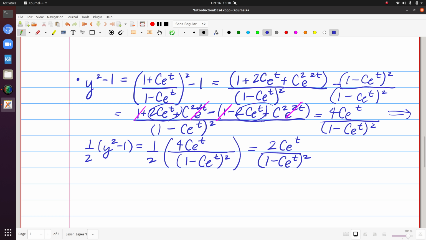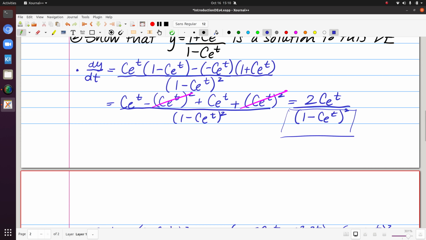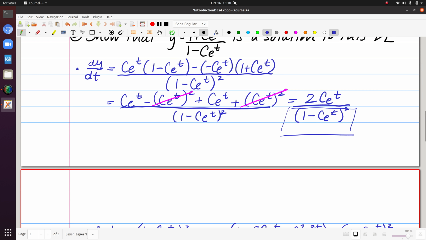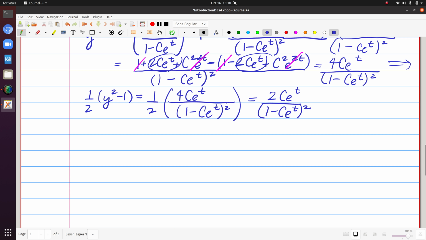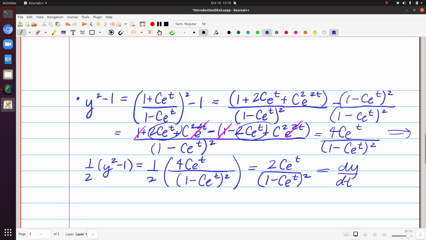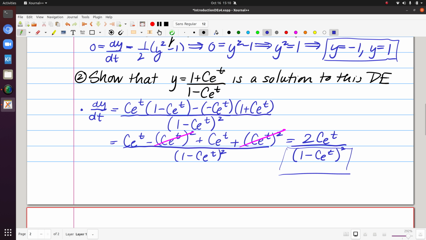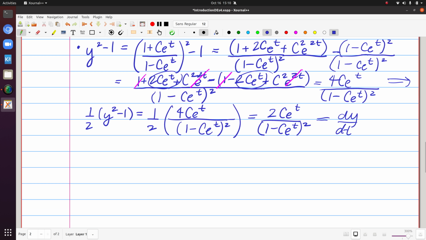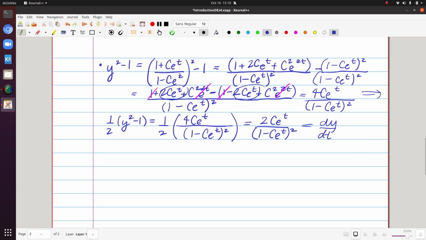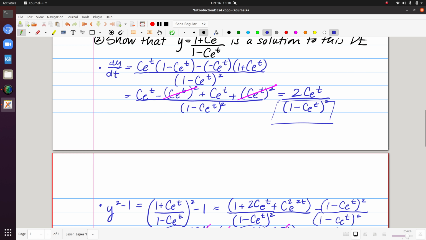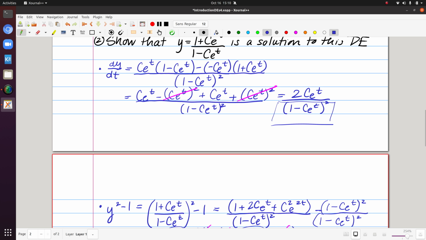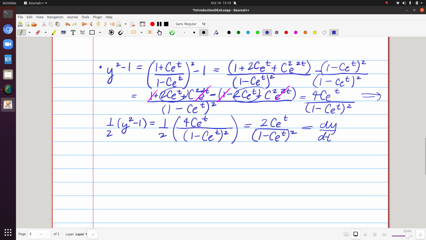Importantly, if you look back at our dy dt, that's exactly what we found that equals. So we've just shown for the proposed function, it does satisfy the differential equation. So this is the way that we've shown that this is a solution. And we see here that, again, this is just the general solution. If we'd been given an initial condition, then we would be able to specify a particular value of C that would make this a solution.